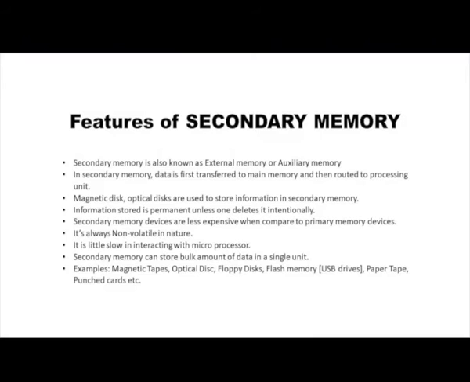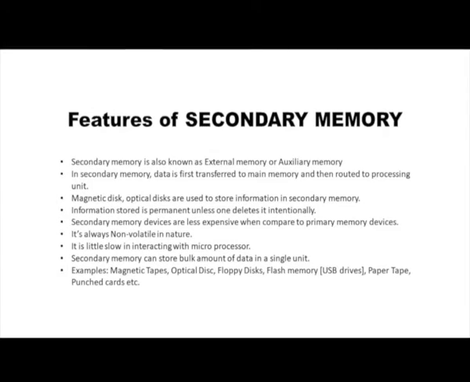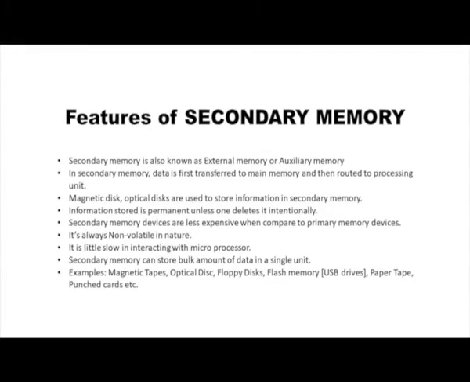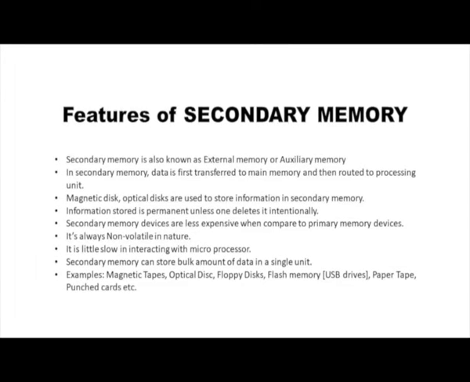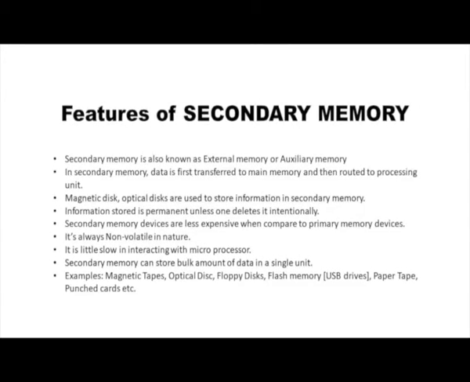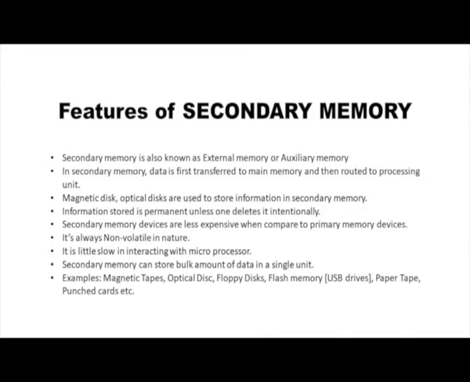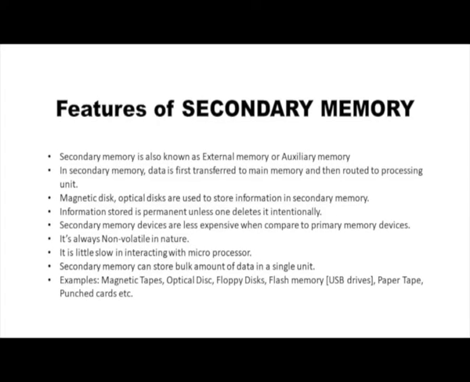Now, we will look into the features of secondary memory. Secondary memory is also known as external memory or auxiliary memory. In secondary memory, data is first transferred to the main memory and then routed to the processing unit. Magnetic disks and optical disks are used to store information in secondary memory. Information stored is permanent unless one deletes it intentionally.